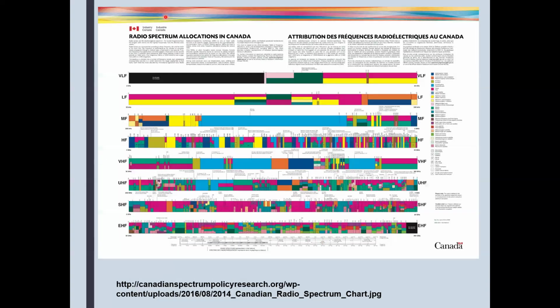Here are the radio spectrum allocations in Canada. You can Google that, or you can get this on this site right here, and you can zoom in a little bit more, and it shows all the frequencies for the radio frequency spectrum, and what channels, what bandwidth is occupied by what type of signal.